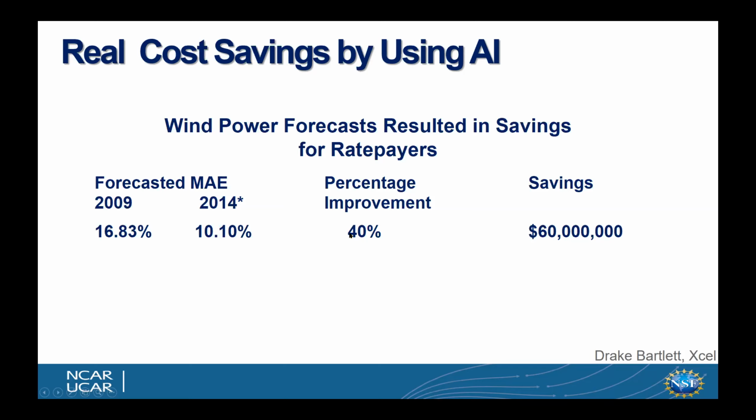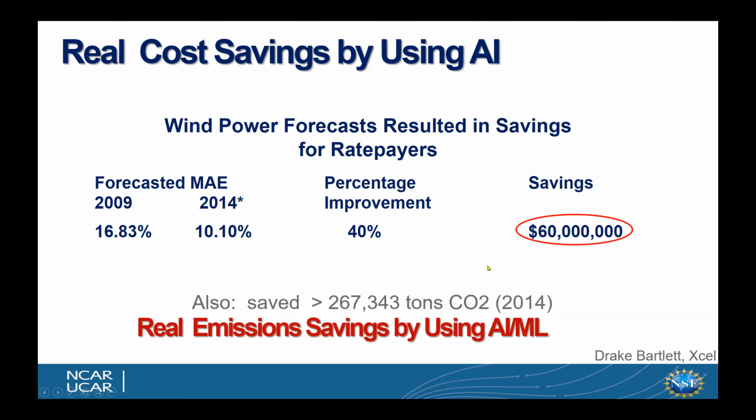And Xcel Energy calculates that it has saved their customers at least $60 million by that time. They've updated it a few times since then and really find that it saves their customers about $10 million per year. But in addition, because they're more optimally integrating renewable energy, they're also saving CO2.